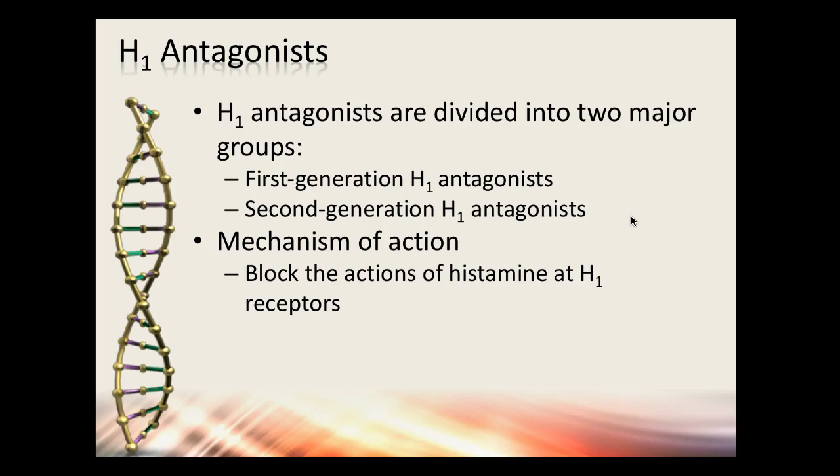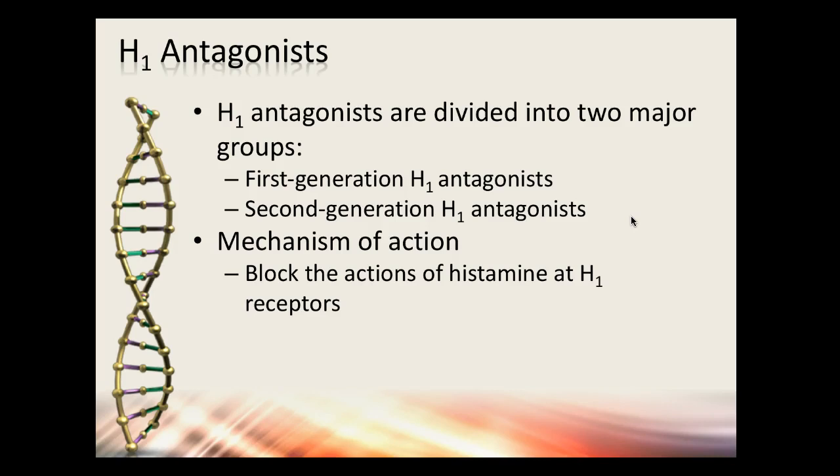The main thing you want to know about the first generation is they cross the blood-brain barrier, so that's your Benadryl. The second generation H1 antagonists are your Zyrtec and your Claritin and your fexofenadine, which is your Allegra. Those do not cross the blood-brain barrier. It's just how it's chemically put together.